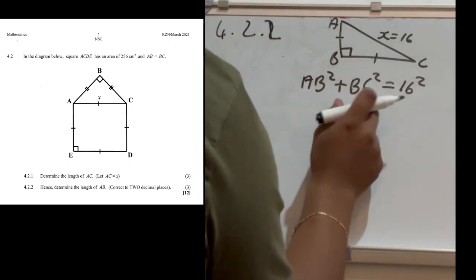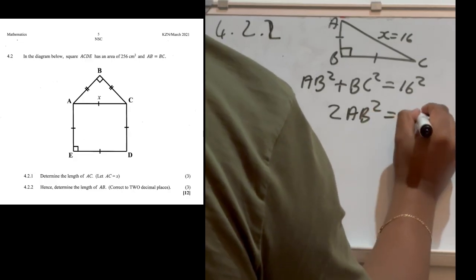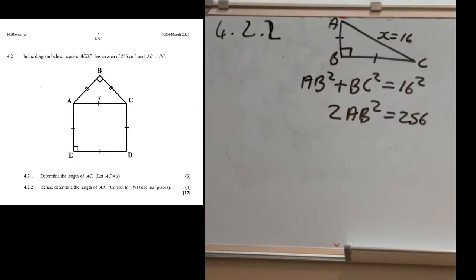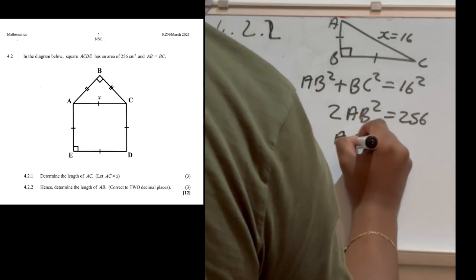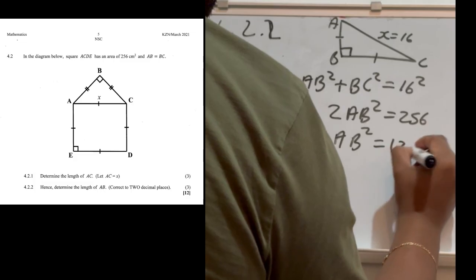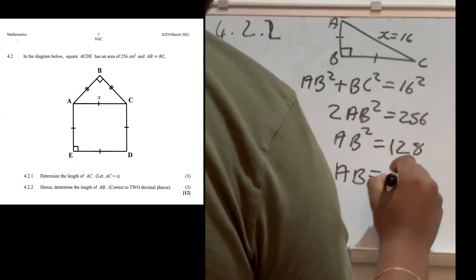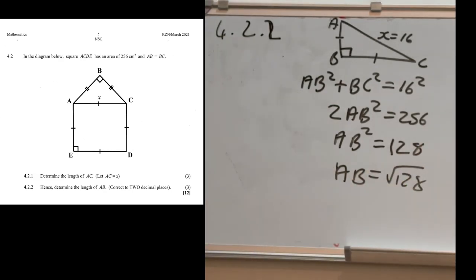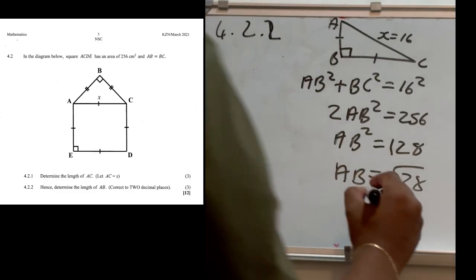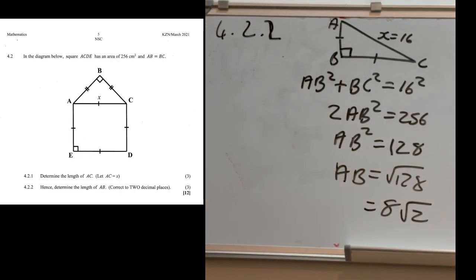So these two are basically equal, so we can just say 2AB squared is equal to 256. So to get AB alone, you just divide both sides by 2, so that's 128. And then you do the square root of 128, so you will get 8 square root 2. Okay, so that's that for the sum.